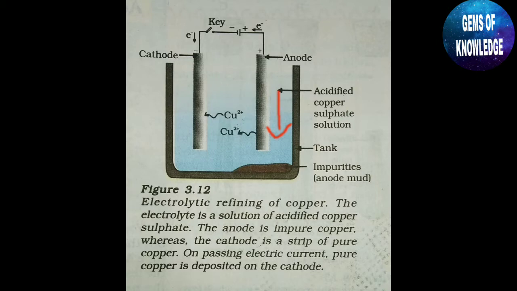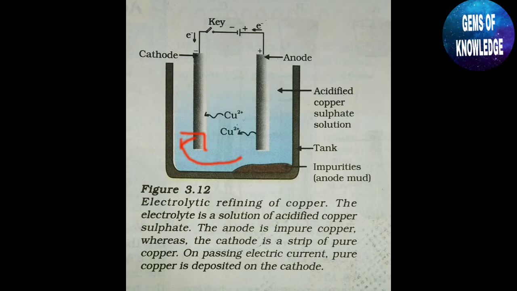What happens here is the impure metal present at the anode dissolves into this copper sulfate solution. As soon as it dissolves, the same amount of pure metal from the electrolyte is deposited at the cathode.